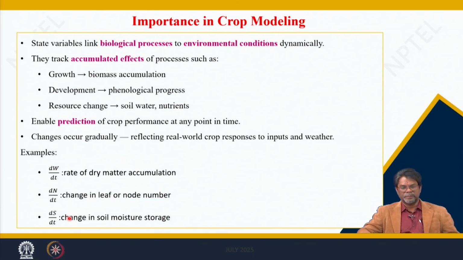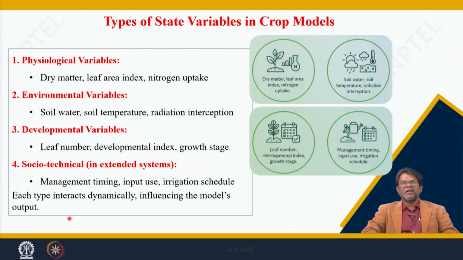So, this rate of flow, or rate of change over time, can be represented for any state variable. We have different types of state variables in crop models. Physiological variables include dry matter, leaf area index, nitrogen uptake and biomass accumulation.